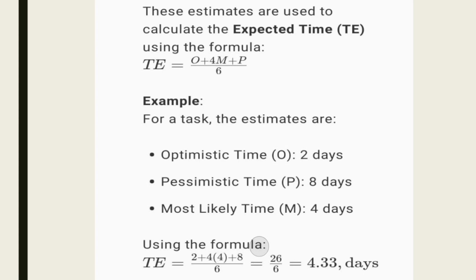Using this formula, when you punch these numbers in, it will give you 26 divided by 6. And the answer is 4.33 days. That means using this technique, you are going to spend almost 4.33 days on that project.